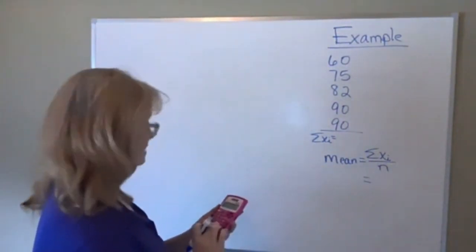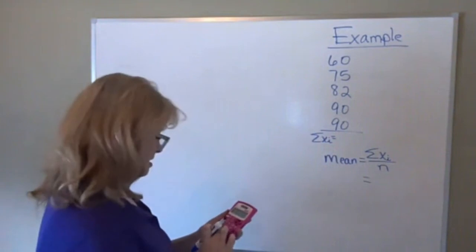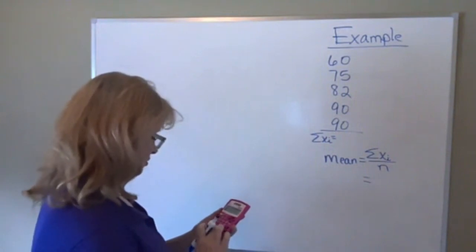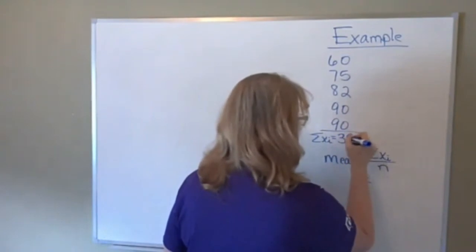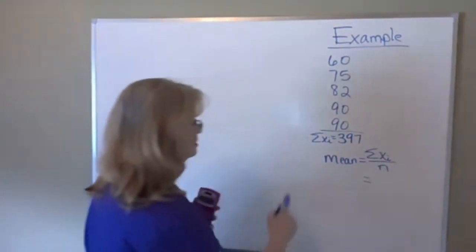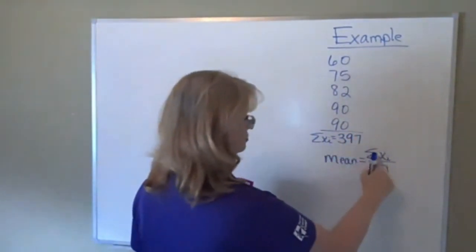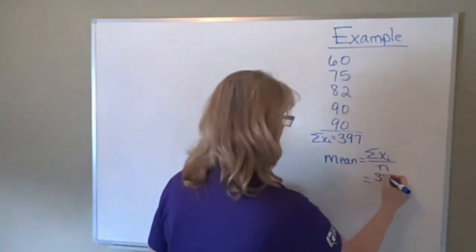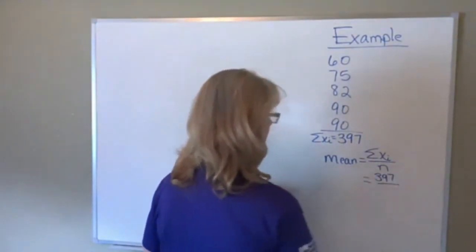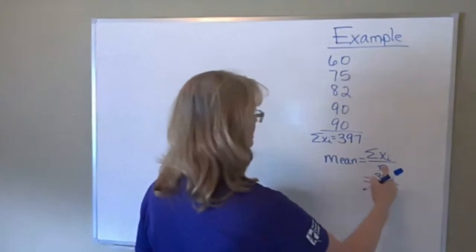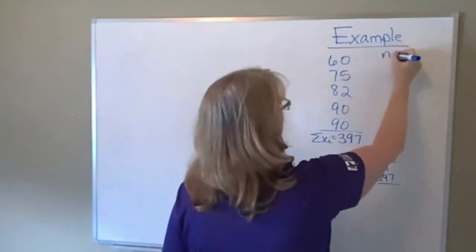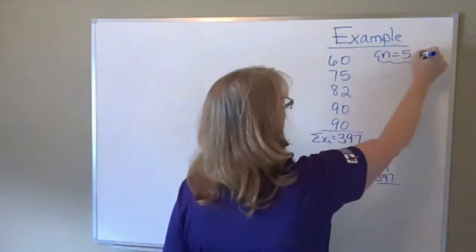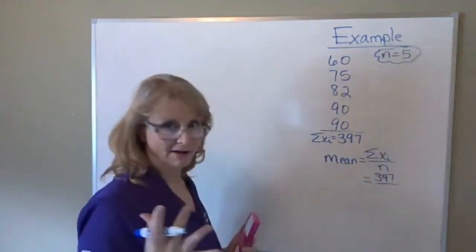So 60 plus 75 plus 82 plus 90 plus 90, and that gives me 397. So that's what goes on top. And I'm going to divide by n. On this one, I have 1, 2, 3, 4, 5. So on my example, n is 5, because I have 5 data values.